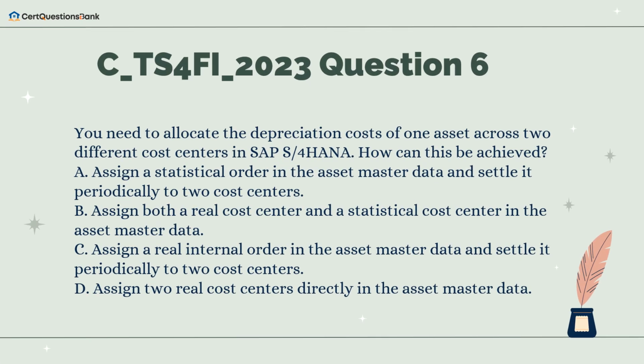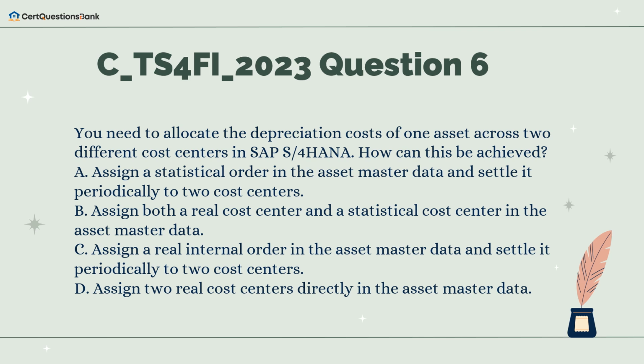You need to allocate the depreciation costs of one asset across two different cost centers in SAP S/4HANA. How can this be achieved? A. Assign a statistical order in the asset master data and settle it periodically to two cost centers.